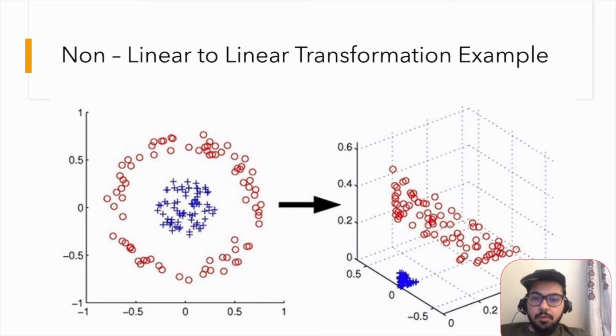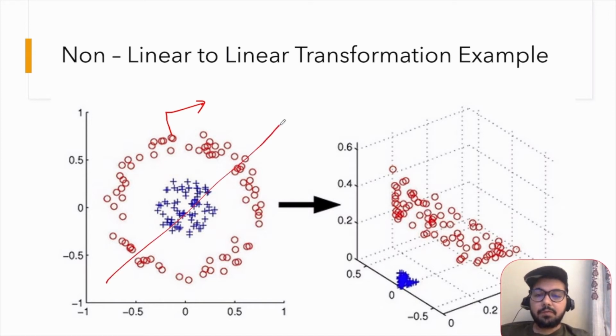As simple as that. As you can see, this is non-linear data, and if I try to give it to the SVM as an input, then SVM would try to create a classifier on this data, and it won't be able to create a good classifier.